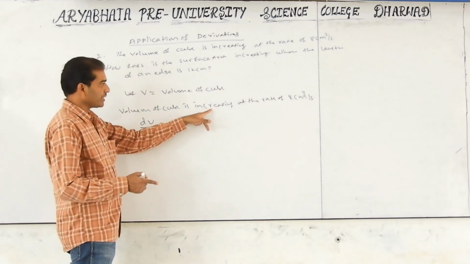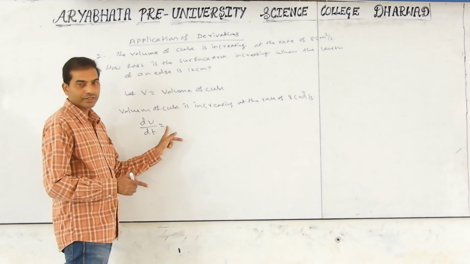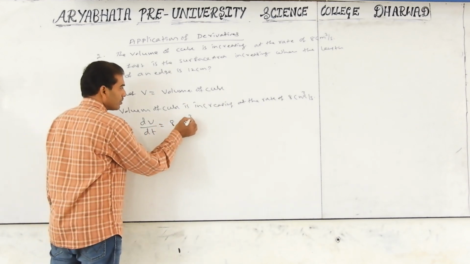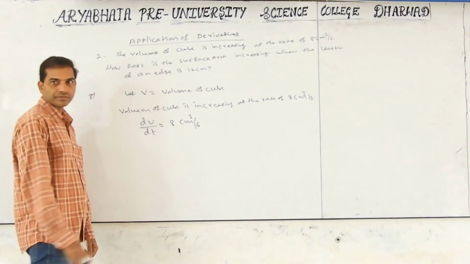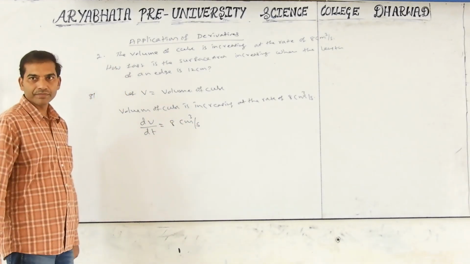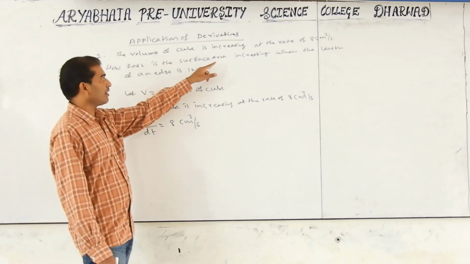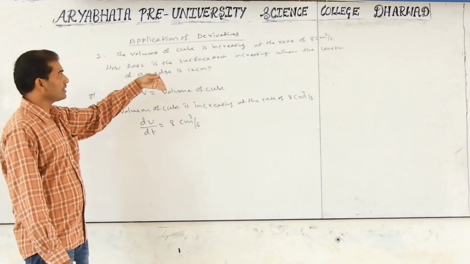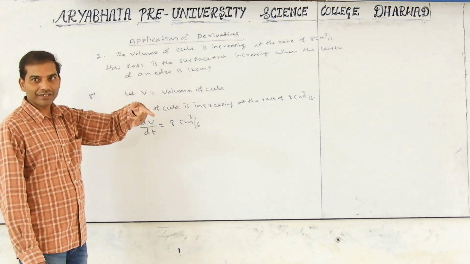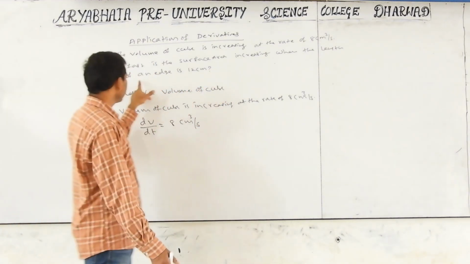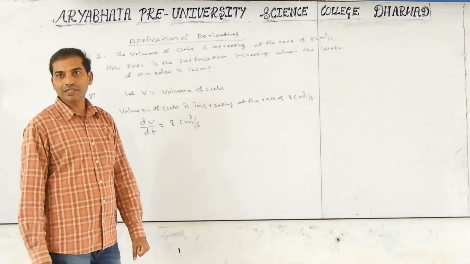If it is given as decreasing, then you take minus. How much increasing? 8 centimeter cube per second. This is dV by dt. This is given. How fast is the surface area increasing? How fast the surface area means dA by dt, when the length of the edge is 12 centimeter.